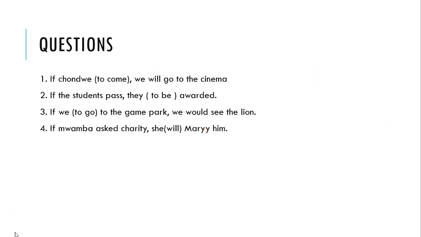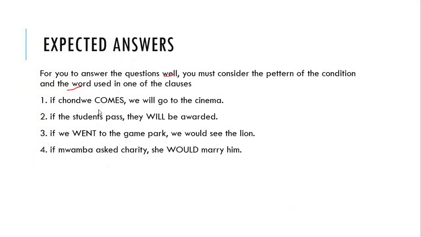Okay, that's why we are saying if Chondwe comes, we will go to the cinema. So you are only required to change this tense here. Comes. Question 2. If the students pass, they will be awarded. Simple. You just add the word will.